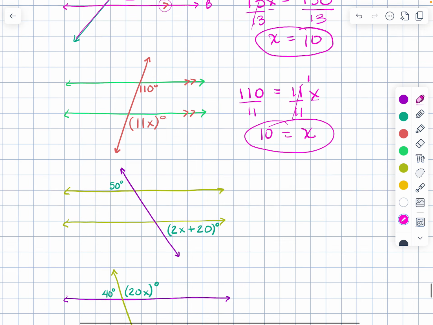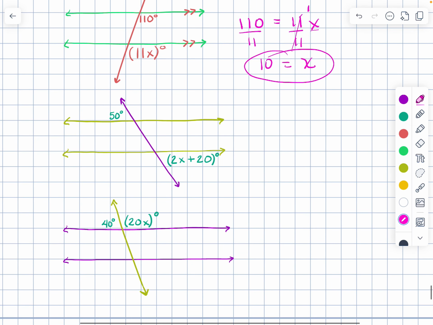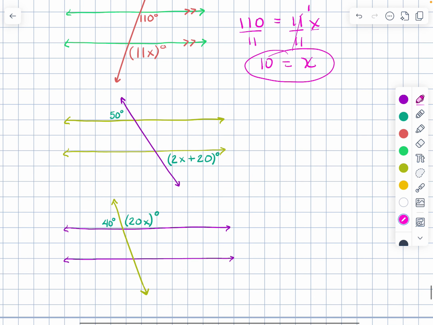Okay, now we've got a problem that's a little bit more difficult to see. We've got this angle here, and we've got this angle here. And sometimes if you can't see how these match up, I like to go ahead and draw all the angles that are congruent.